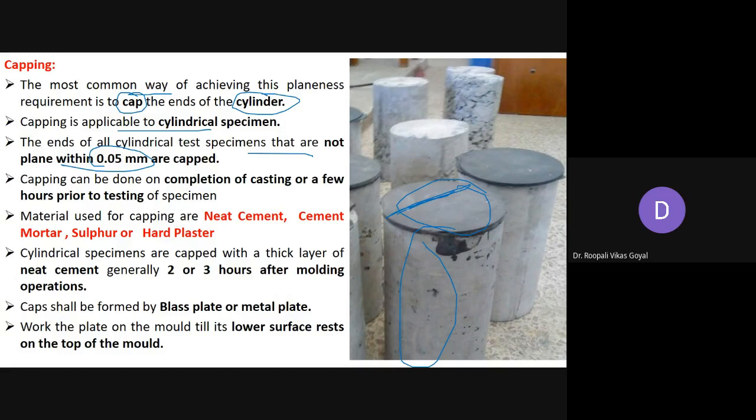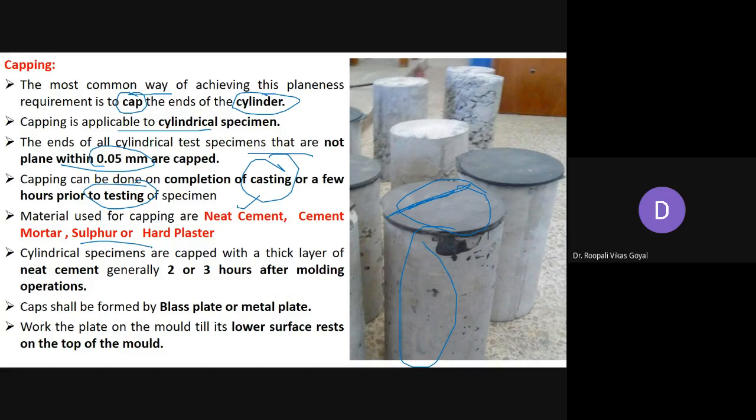And generally this capping can be done on the completion of casting, when we complete the casting, or a few hours prior to testing. So these are the two times at which you can apply capping, completion of casting or just prior to your testing. Generally a few materials are used: neat cement paste, cement mortar you can apply, sulfur or hard plaster can be used.